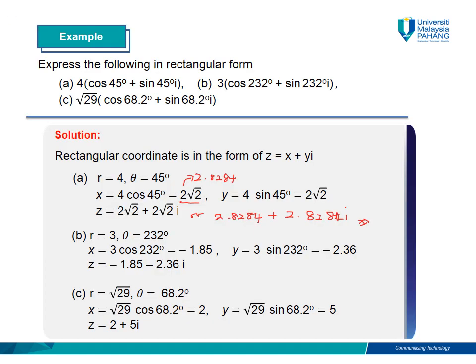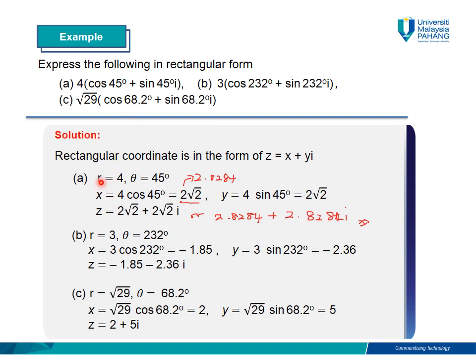Okay, now we look at the example here. Express the following in rectangular form. Okay, so that means we need to find the value of cos and sine here. Make sure this one is in degrees. Okay, so on your calculator, make sure it is in degrees before you calculate it.